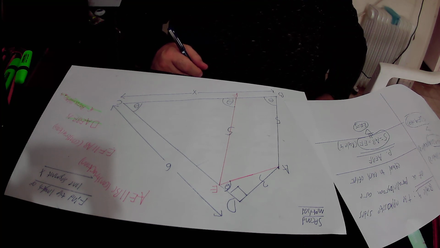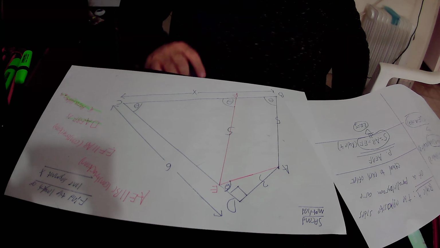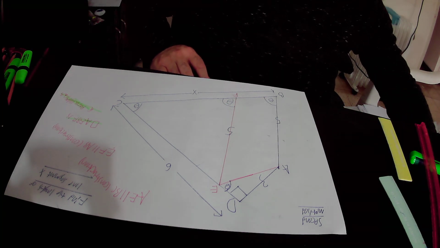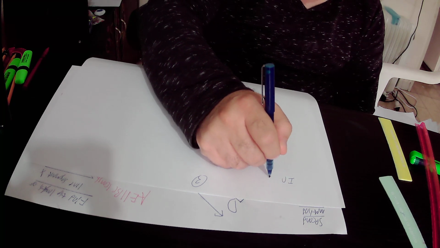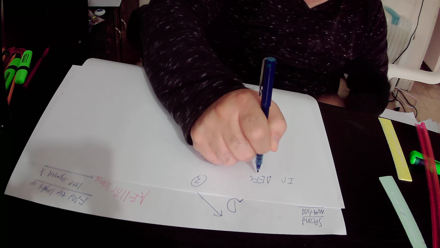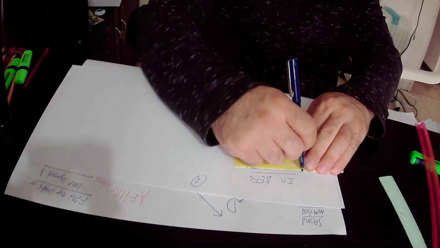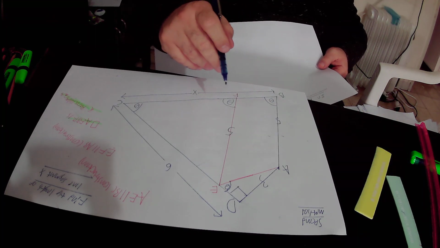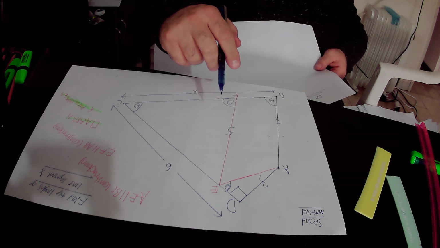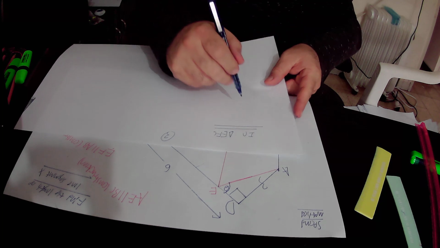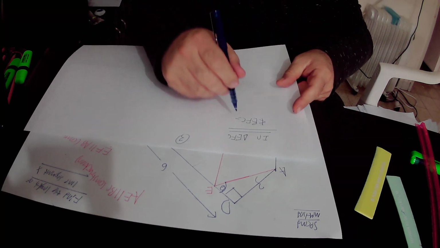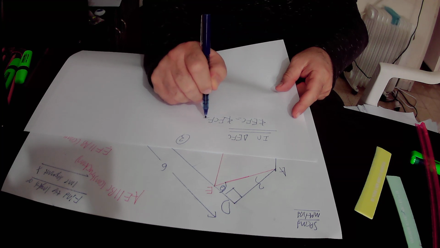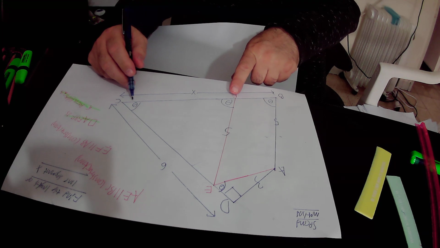We'll focus on triangle EFC. In triangle EFC, we know that angle EFC equals angle ECF, and both angles are equal to theta.